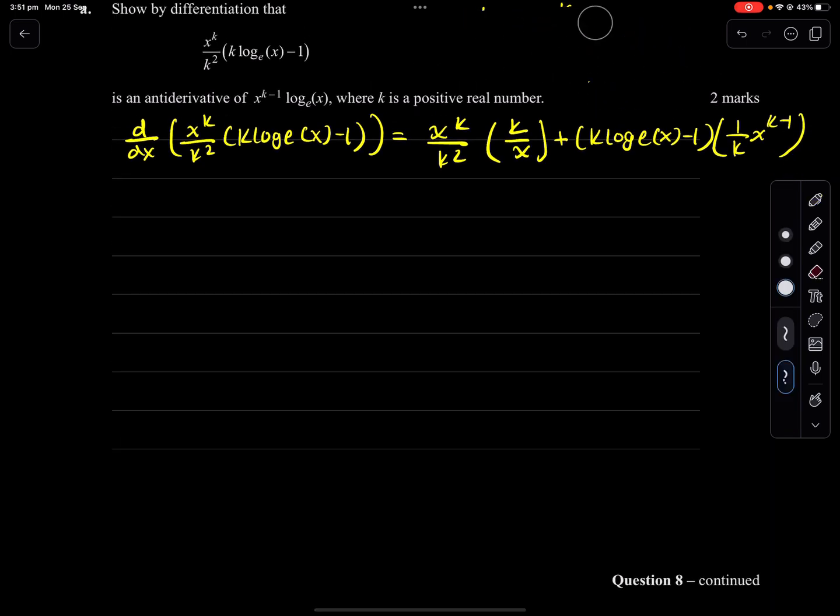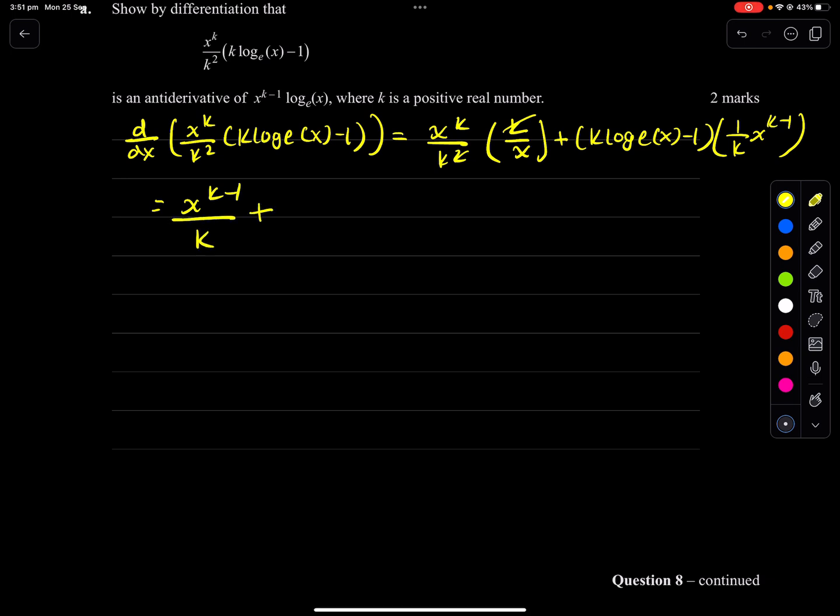We are nearly done. Okay, hopefully. So, simplifying this, we can cancel those k's out. And by the way, these two are the same. So what's k minus 1? It's just x^(k minus 1) over k.